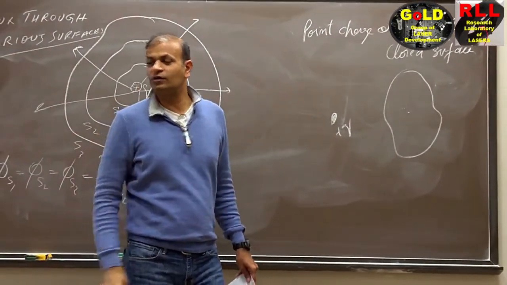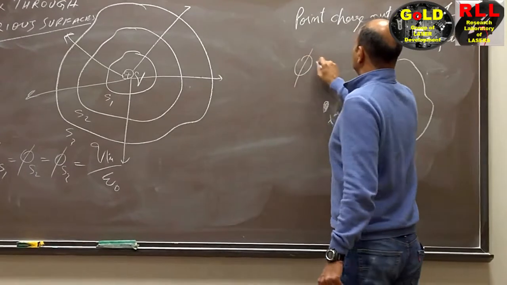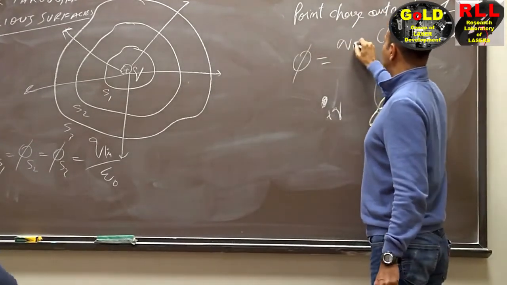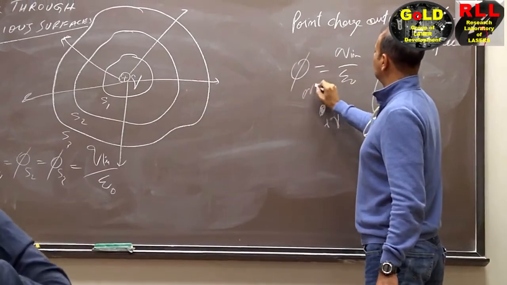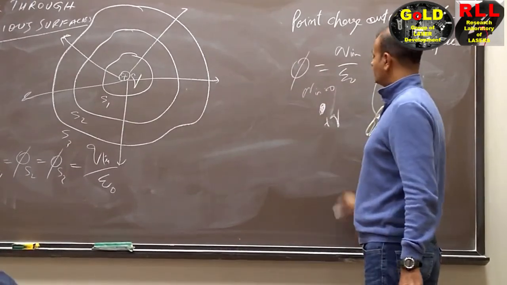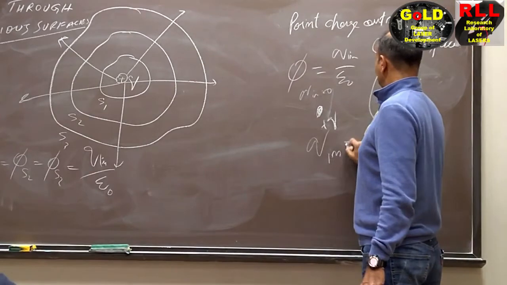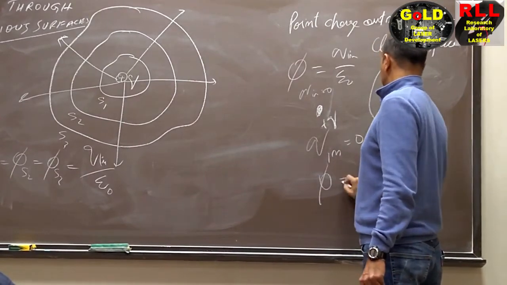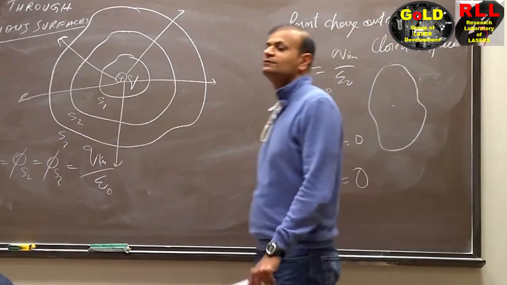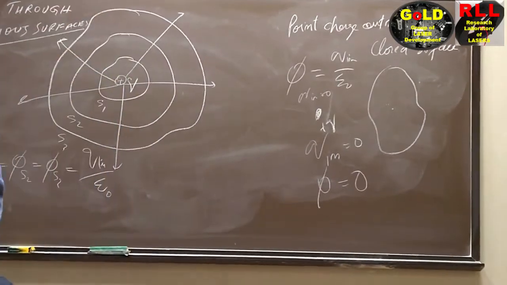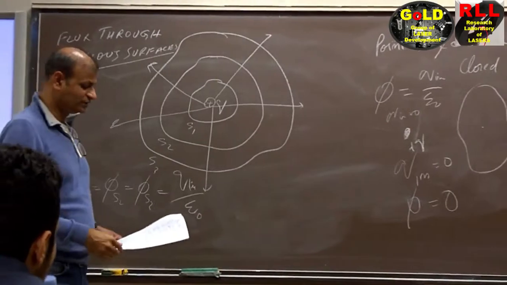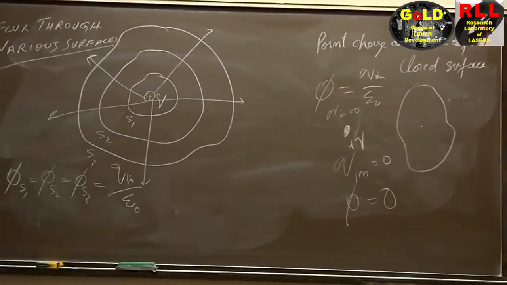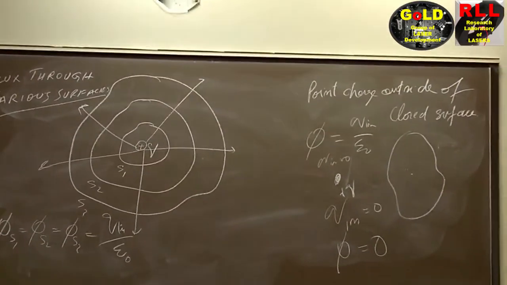So in this equation, if there is no charge, Q enclosed is equal to 0. So phi is equal to 0. This is one of the possibilities.